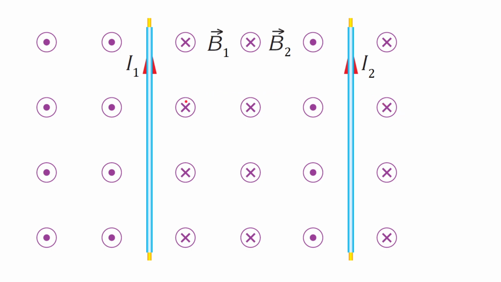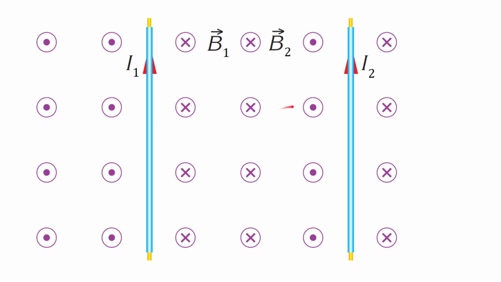This is the situation when wires have currents in the same direction. From the first right-hand rule, we can illustrate the magnetic field lines for both wires. For the first wire, magnetic field lines are directed from you into the page at the right side of the wire, and the magnetic fields are directed towards you out of the page at the left side of the wire.